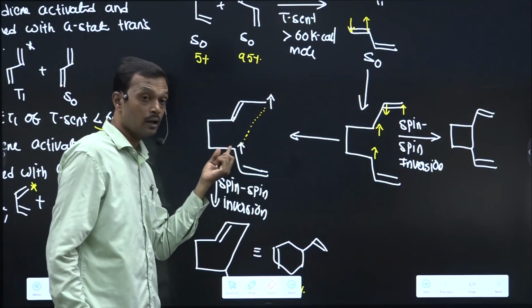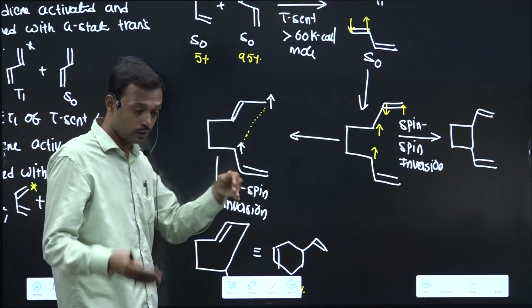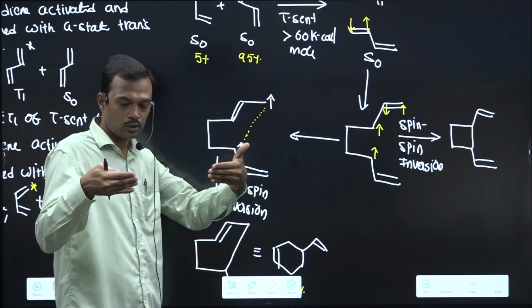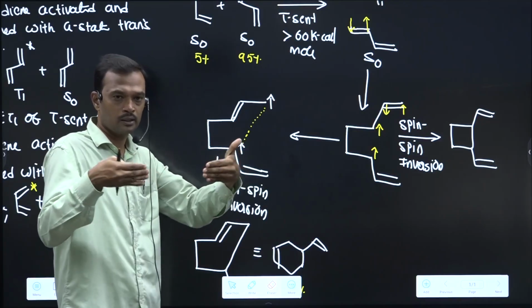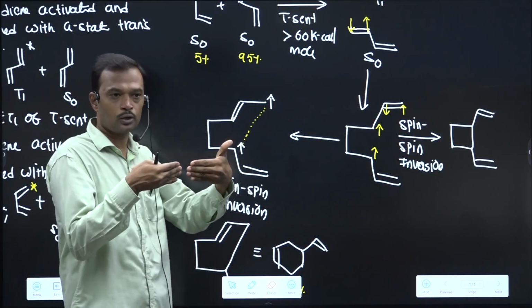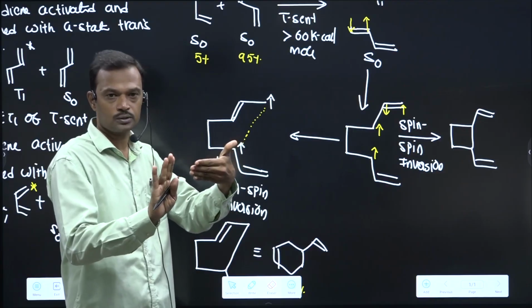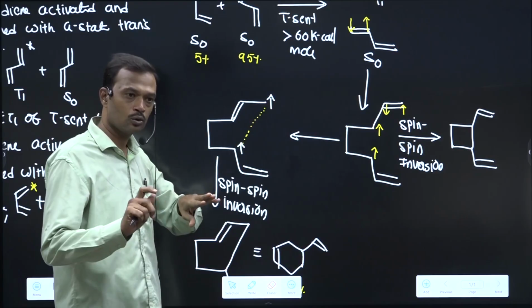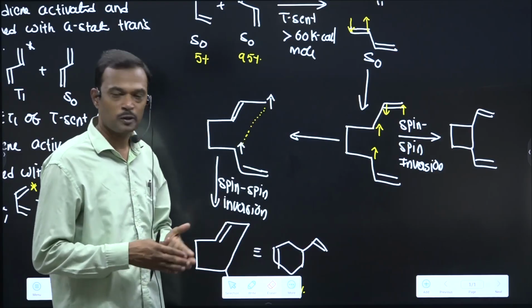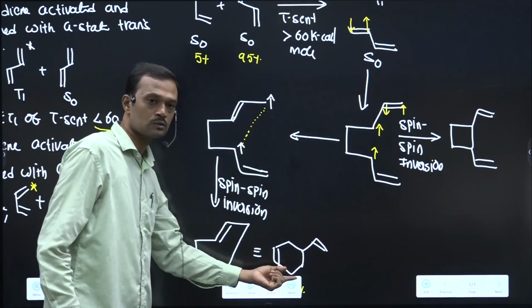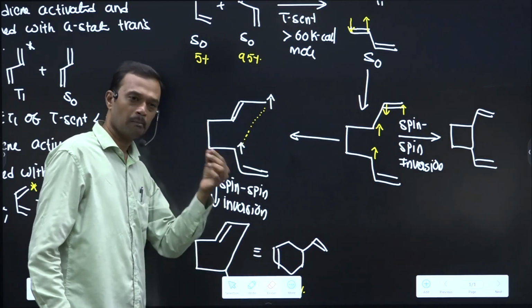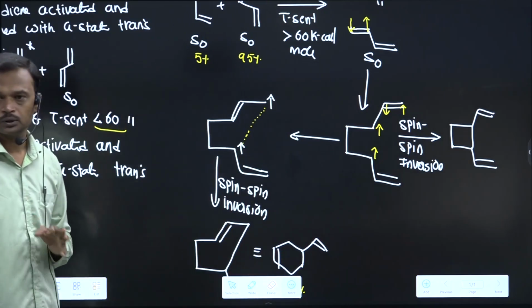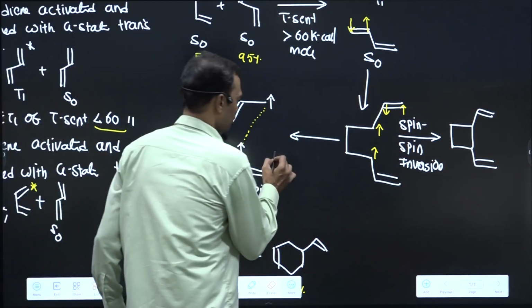When two electrons come close together with the same spin and start colliding, one of the electrons becomes anti-clockwise. So now these two are not colliding with each other. It is impossible to undergo spin-spin inversion. Can you get this? No. That's why the yield is maximum approximately 4%.